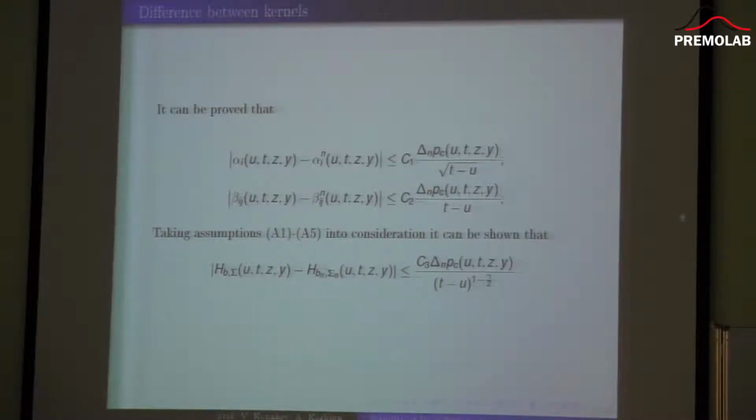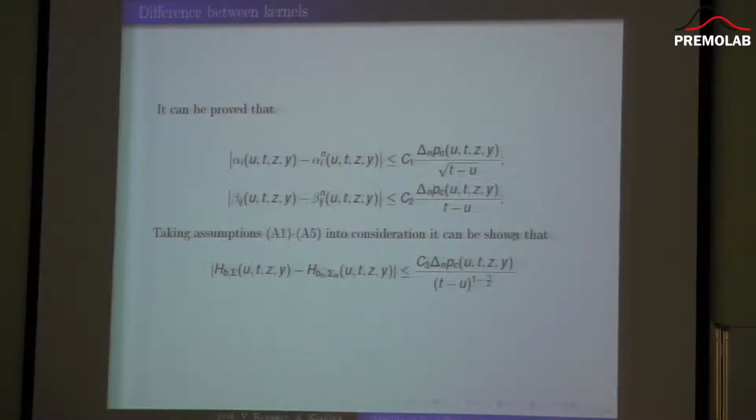It can be proved, and it's just the technical part also, that the difference between first derivatives is less than this fraction. Also it could be mentioned that this is an integrable time singularity, and the difference between second derivatives is less than that, and this is a non-integrable time singularity.